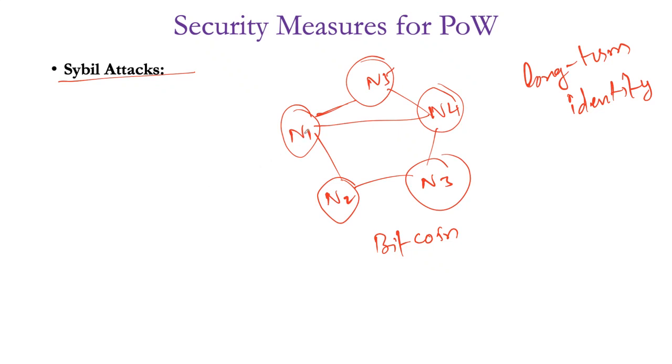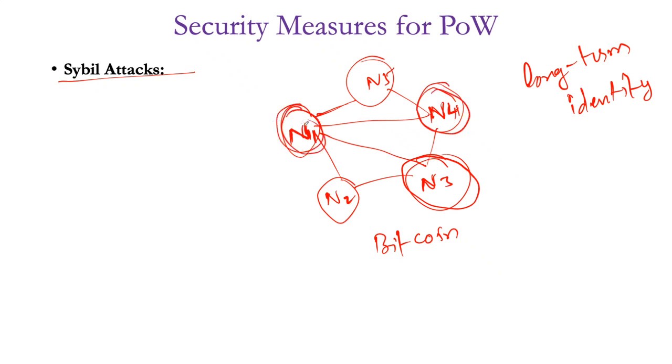Assume that node N1 can join with its identity, and after some time, N1 can join as node N4, and N1 can join as node N3 if it is connected. Then the network assumes that these are all honest nodes.